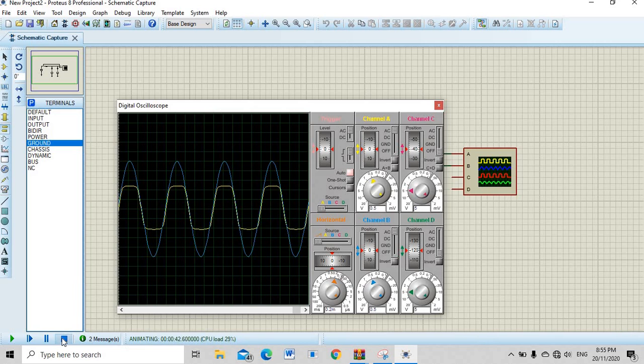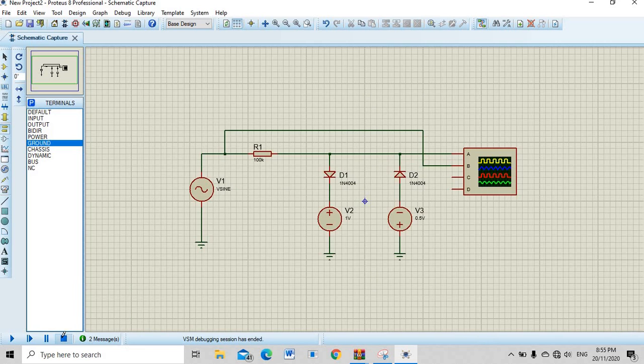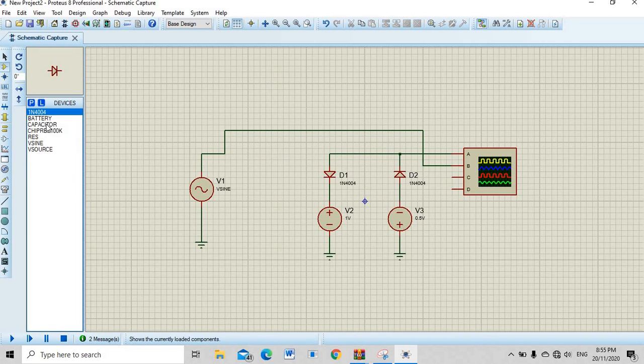Stop the simulation. We proceed to part 2 of this lab, in which we need to draw a clamper circuit. There are several components we must add, such as a capacitor. We add it here.